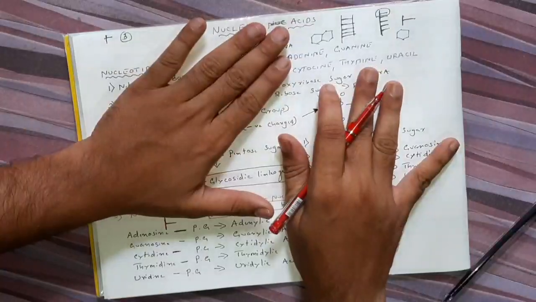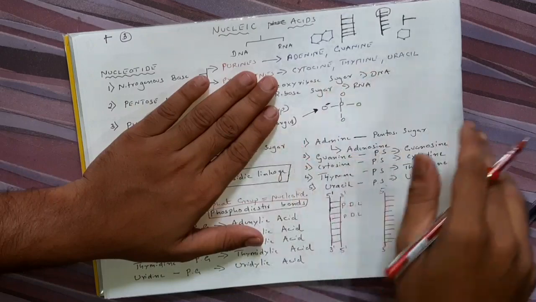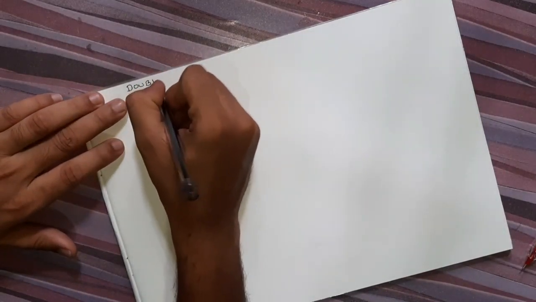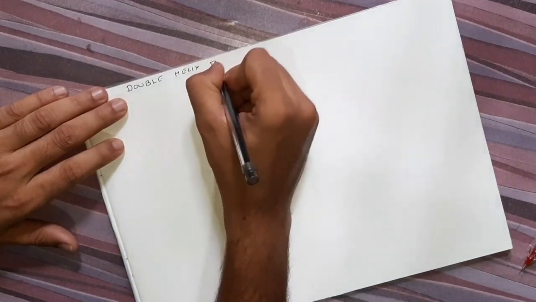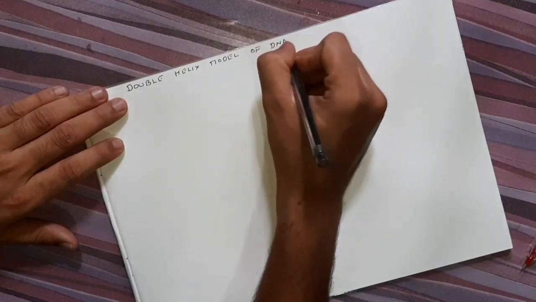Now I'm going to discuss the double helix model of DNA. Very important. Now let me explain the double helix model of DNA. Who proposed that? Watson and Crick in 1953. Very important.